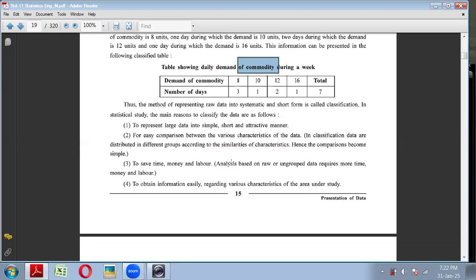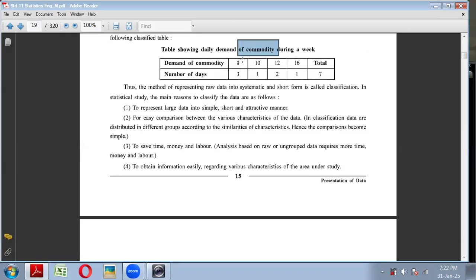Even internal comparison is possible: when the demand of commodity is 8, there were 3 days. When the demand of commodity is 10, there is only 1 day. So internal comparison is possible and external comparison is also possible.